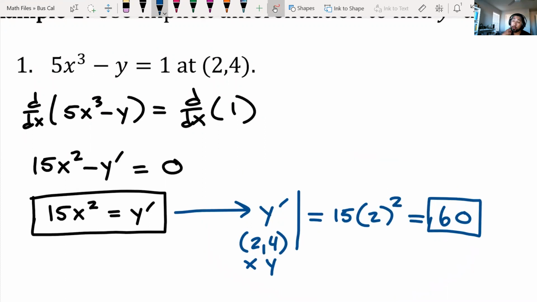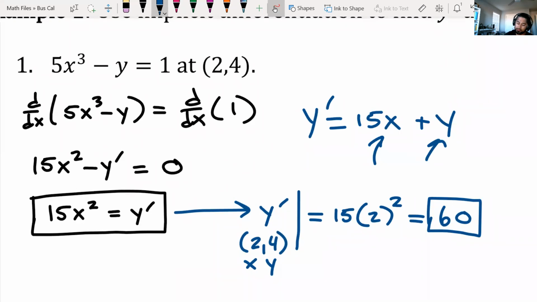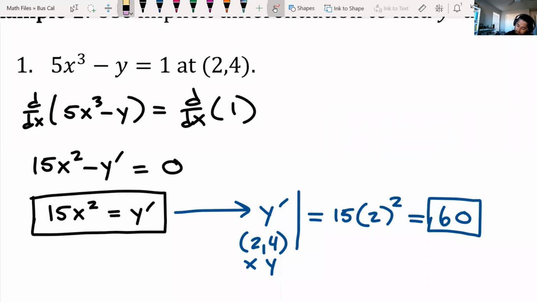If you're talking about the evaluation part, the reason we don't plug in a y is because we don't have a y. So let's say my implicit derivative ended up being y prime equal 15x plus y. Then we would plug in 2 for x and 4 for y. Gotcha. But since there's no y, we only plug in for x. Okay.